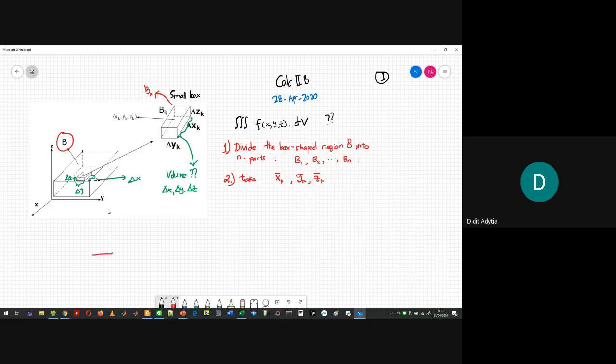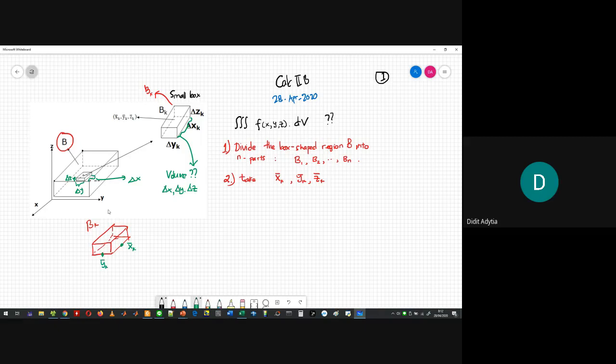What does it mean? I draw again the small boxes that we have. Let's say this is the Bk. I draw it again, and this one I put in a different color. This one is x_k, and then this is y_k.